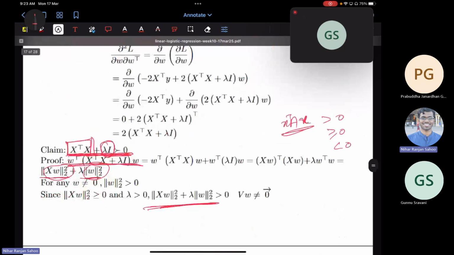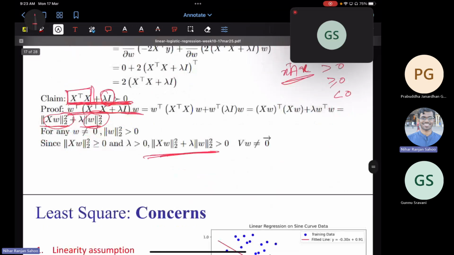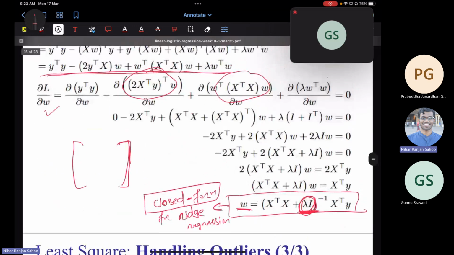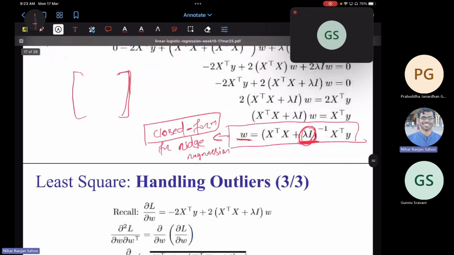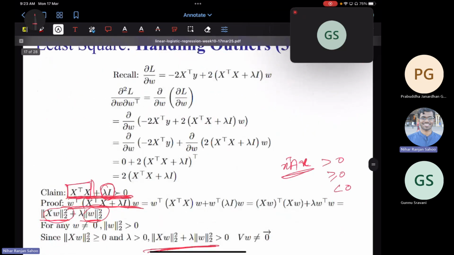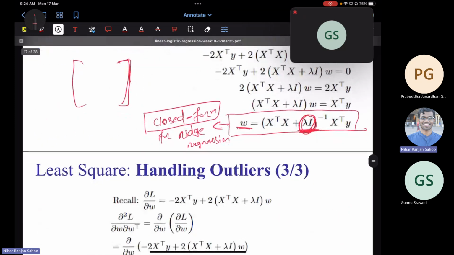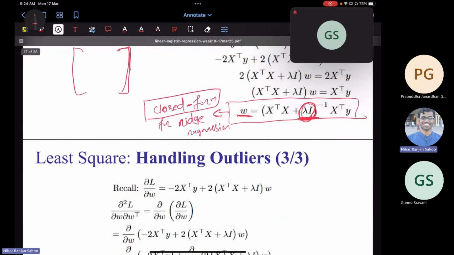Again, there is some nuance I missed here in the slide. In this closed form solution, when we say W is b and W, the complete vector has b and also W0 to WP, everything is there, right?